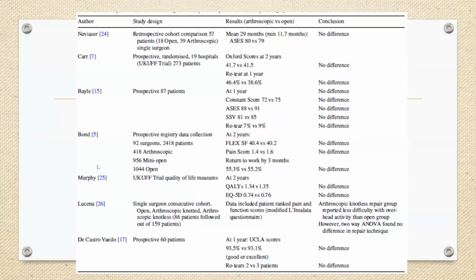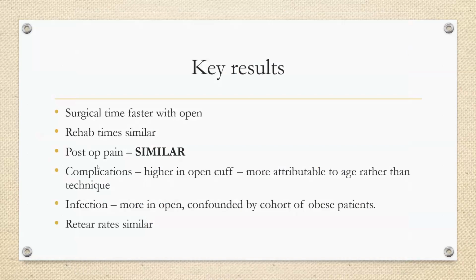But most interestingly, with respect to the post-op parameters, post-op rehab, post-op pain, they didn't find much difference with the arthroscopic repairs as compared to mini open repairs. So these are the key results put forward in this study. Naturally, when comparing the surgical time, mini open was about 78 minutes and arthroscopy was 19 minutes.